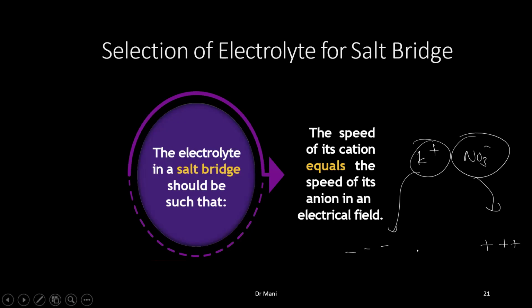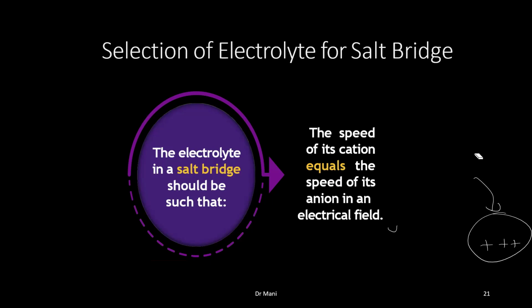If one is going so fast and the other is not, then in this chamber the neutralization will happen, but in the other chamber it couldn't happen. So again, it will interrupt the electrochemical cell, the flow of electrons. So both should do it at the same time. For that, you need electrolytes which will move at the same pace. Understood? At the same speed.